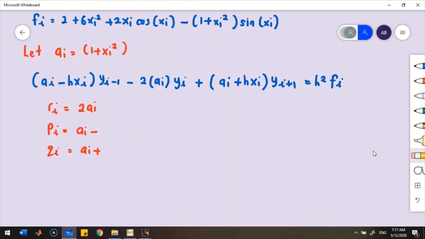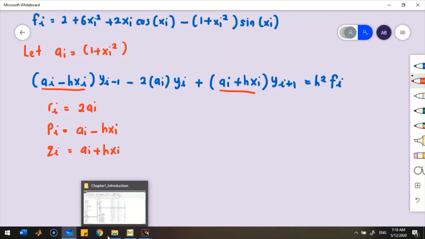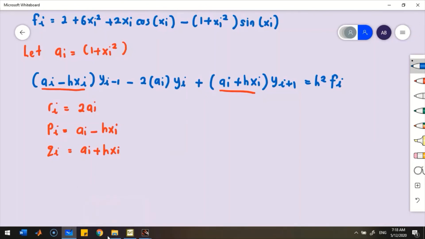So this is my ai now. This whole term here is my pi, and this whole term here is my qi, and this is my ri. So what we have here is pi yi minus 1 minus ri yi plus qi yi plus 1 equals h squared fi.